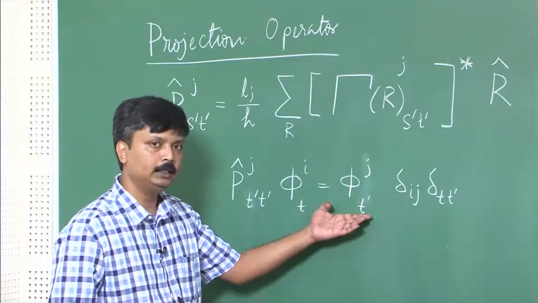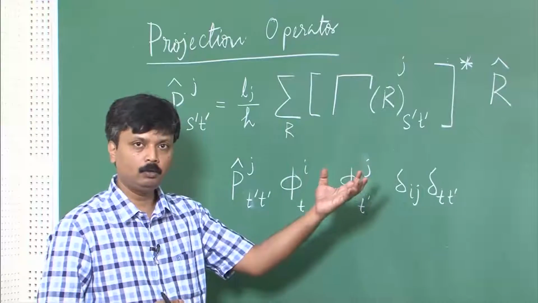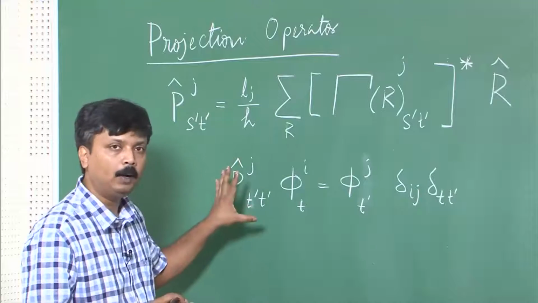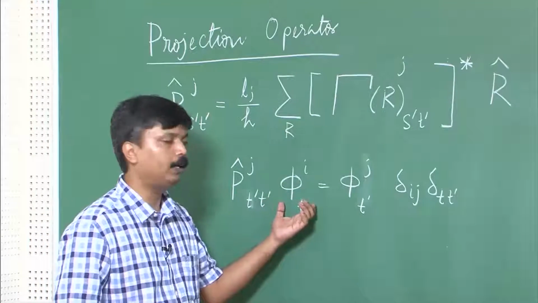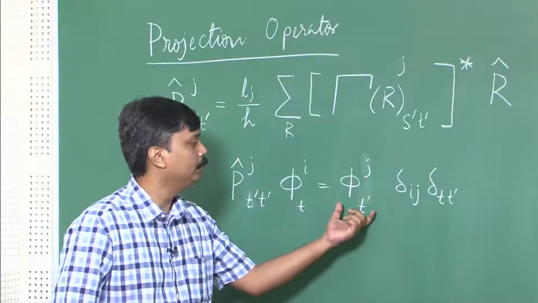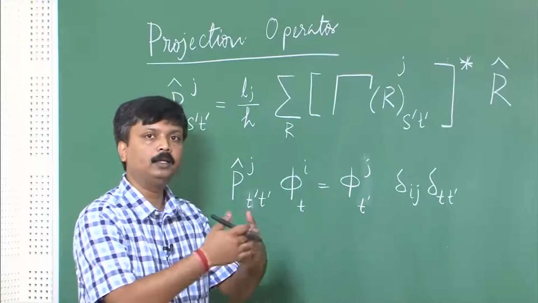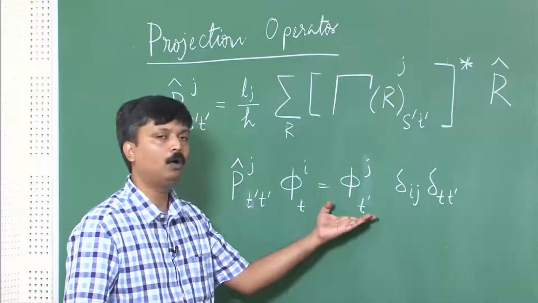In that case, this particular function will be projected out from that set by this projection operator, otherwise this function will be abolished. Or if this function contains this phi t prime and many other functions also, then all the other functions will be abolished and this one only will be projected.